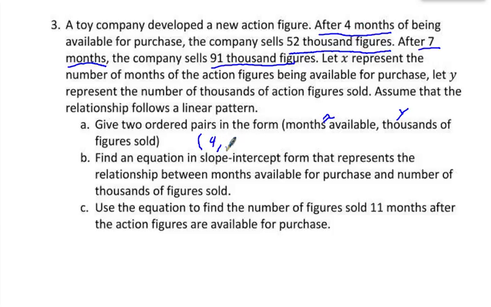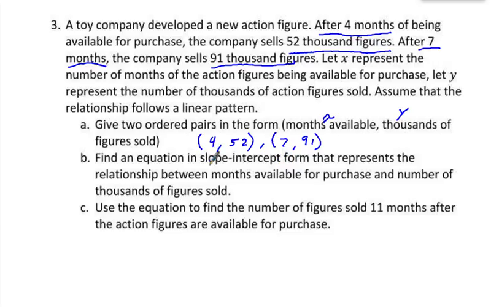That's our X. Included in that same sentence, they tell us 52,000 figures. Since Y is written in terms of thousands, we're going to just stop with 52 instead of writing out 52,000. The second point is 7 months available and 91,000 figures sold.